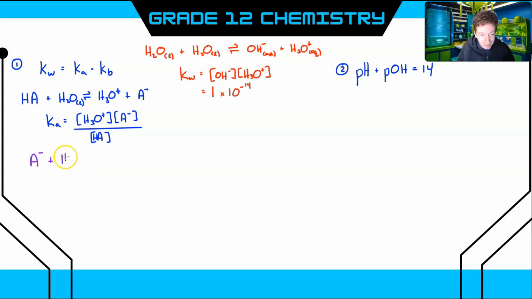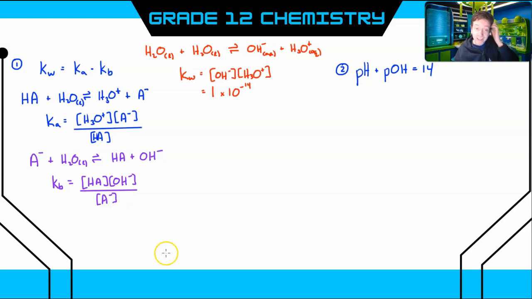If it collides with a water molecule, it's going to be in equilibrium. So it's going to take one of those hydrogens. So now we have HA plus, and now we're left with hydroxide ions. So if we were to write our Kb value using our equilibrium law, we have our acid times our hydroxide all over our conjugate base.